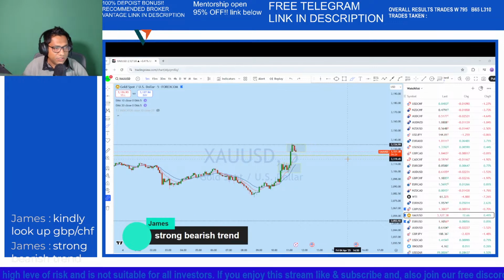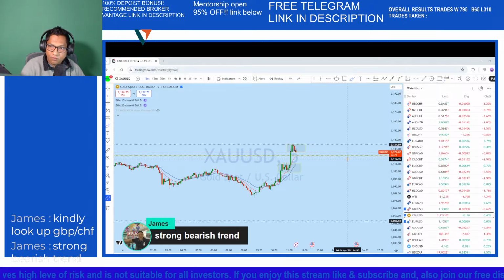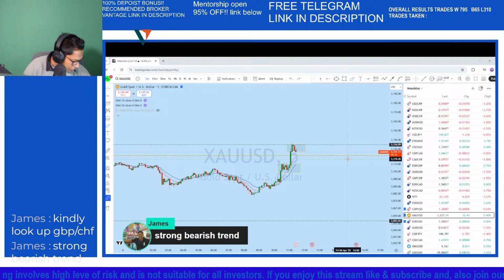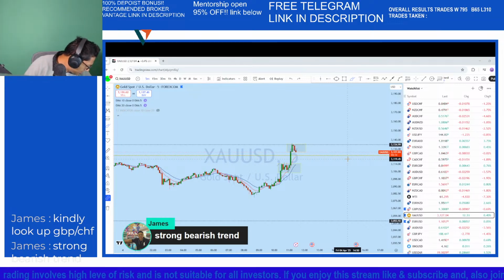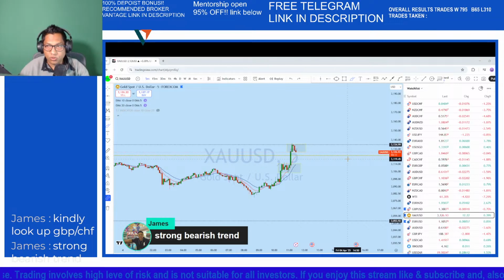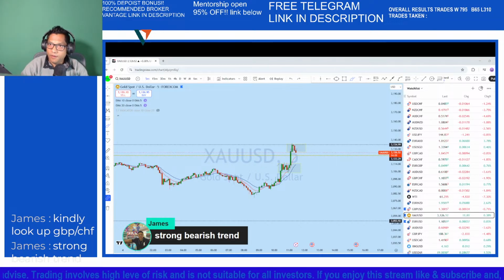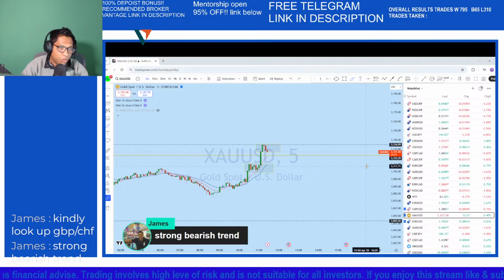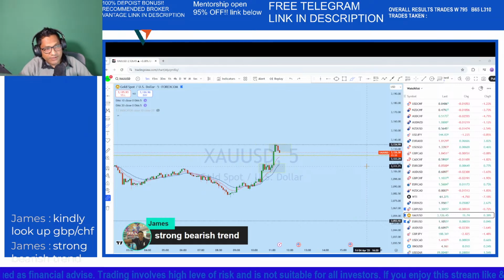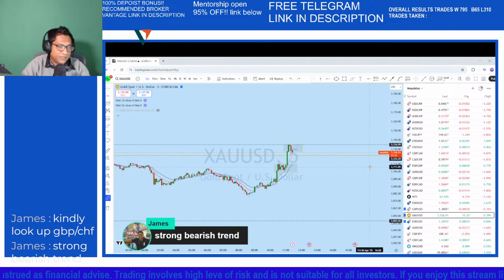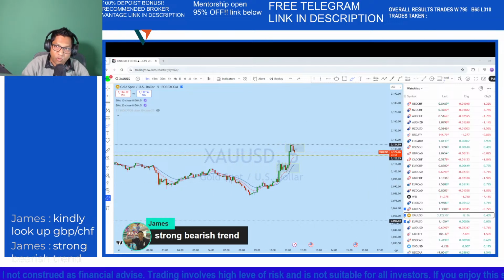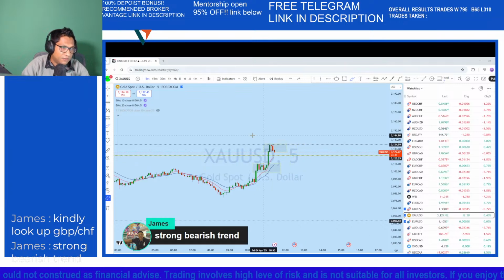Yeah, so this is NFP, and as you know NFP is always a trading event that we look at for the long-term trade. During the NFP you guys see that there is always strong volatility, and the market trends before the NFP, before the market moves.